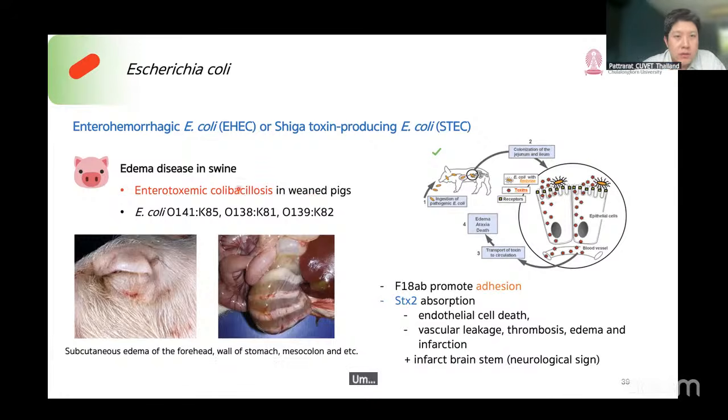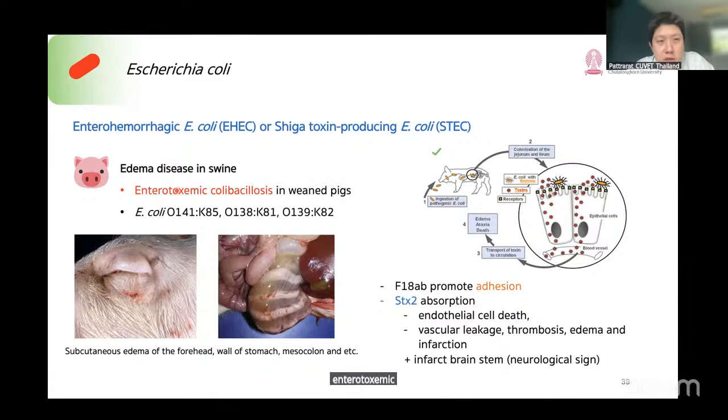The toxin is produced from the E. coli in the intestinal tract and absorbed into the blood vessels. We call this enterotoxemic colibacillosis in weaned pigs.